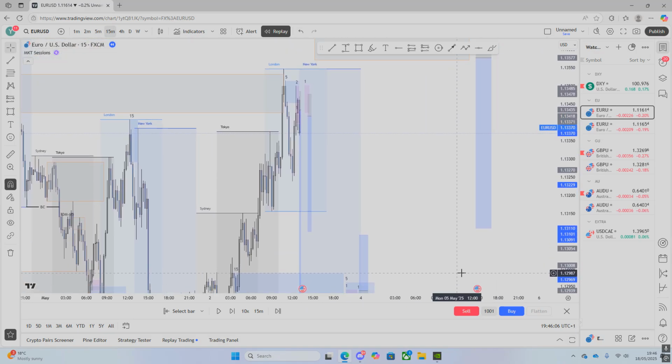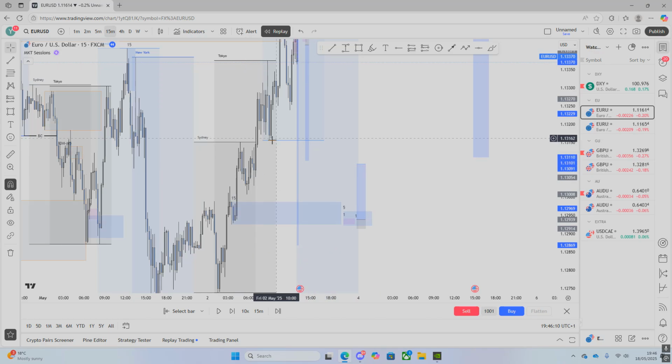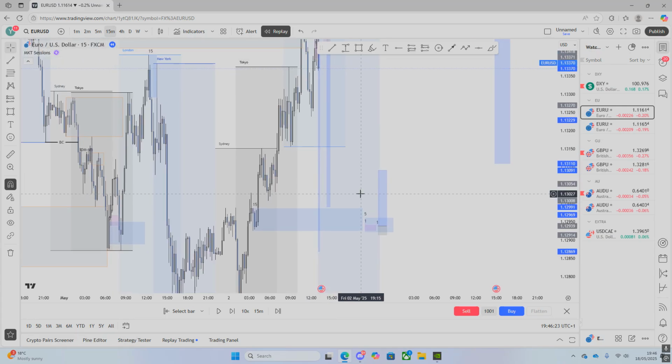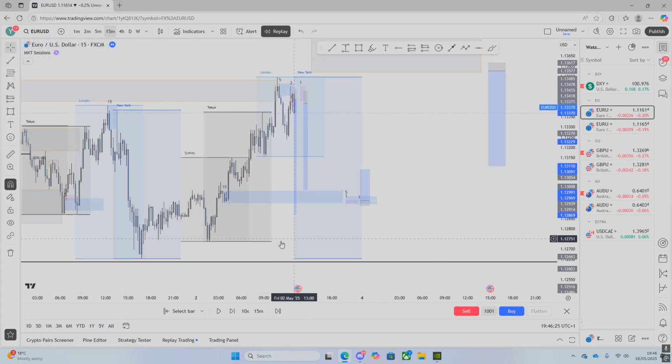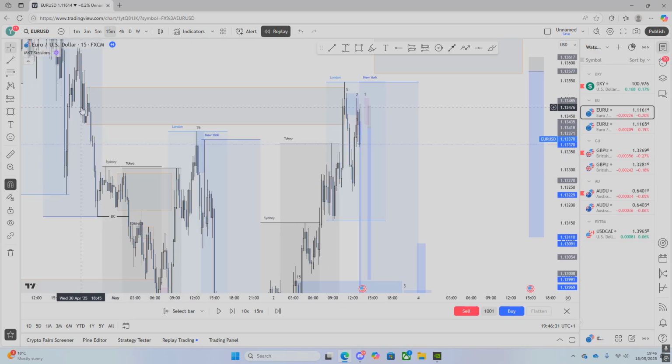Wait, this is London. Aim for Tokyo. Should I aim all the way down here? It's a bit crazy. I might just aim here, just cash out here. Usually I would aim down here, previous session, for this type of trade, when it touches a 15-minute POI after it takes out a session high.